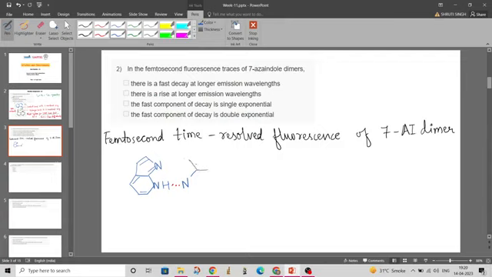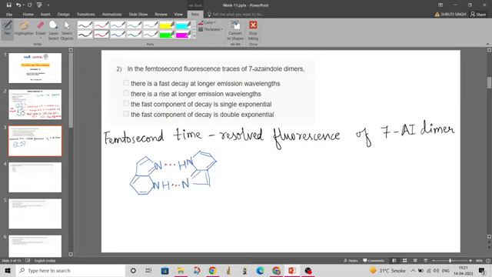So let's draw the 6-membered ring here. NH, this is the 5-membered ring. Yes. And we have one double bond here and one here. And there is another hydrogen bonding here.